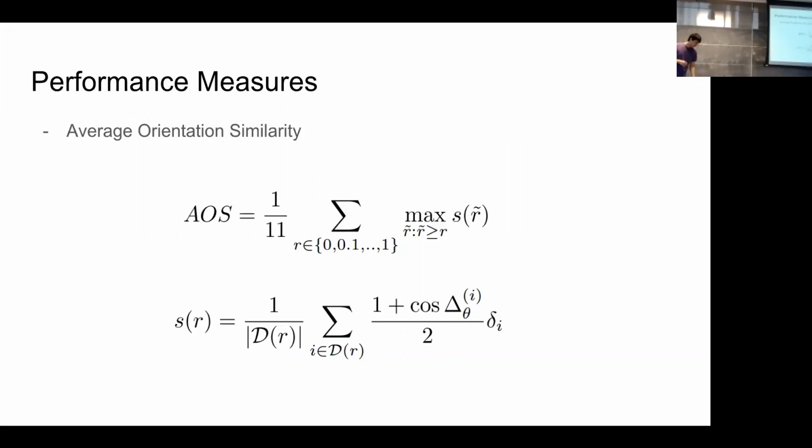Another really important measure for autonomous driving datasets is what KITTI formulated as the average orientation similarity, where instead of using a precision-recall curve, we find the orientation similarity, which is based on a cosine similarity, defined in the second equation there.